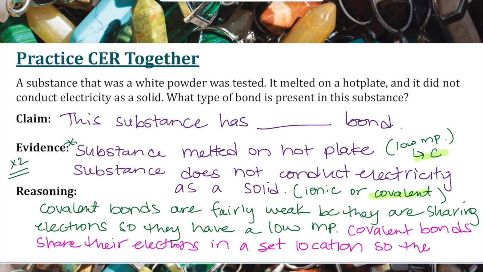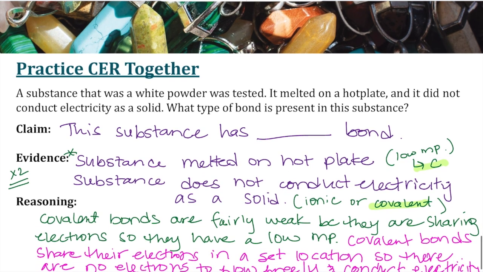So there are no electrons to flow freely and conduct electricity. So conducting electricity is that flow of electrons, connecting the strength of your bond to how strong that compound forming is as we are looking at doing a CER.